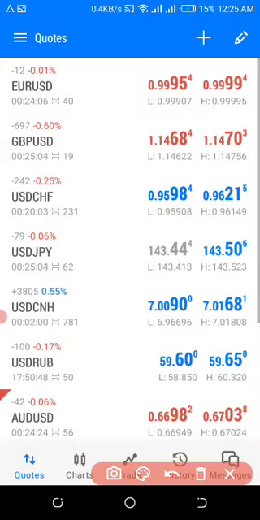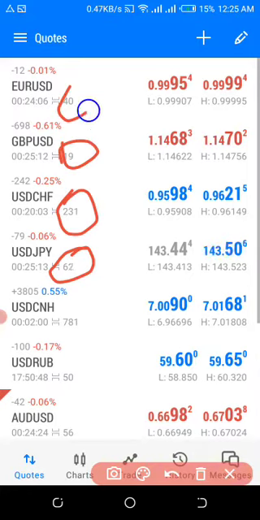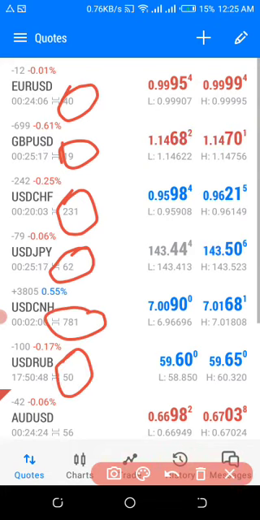These are the spreads. You can see here we have 60, 231, 19, 40, 50, 751. So those are spreads. That means 781 pips, 61 pips, 89 pips, 50 pips.